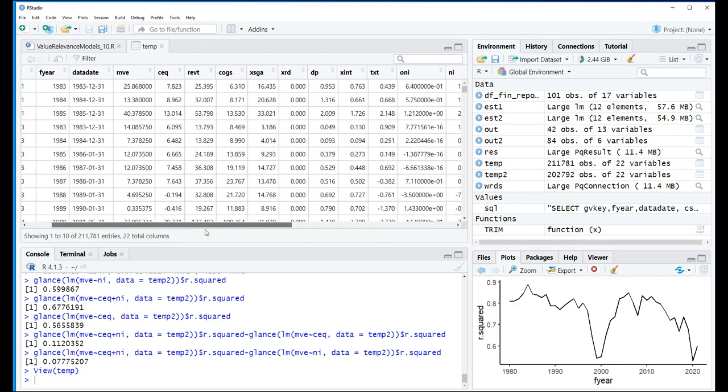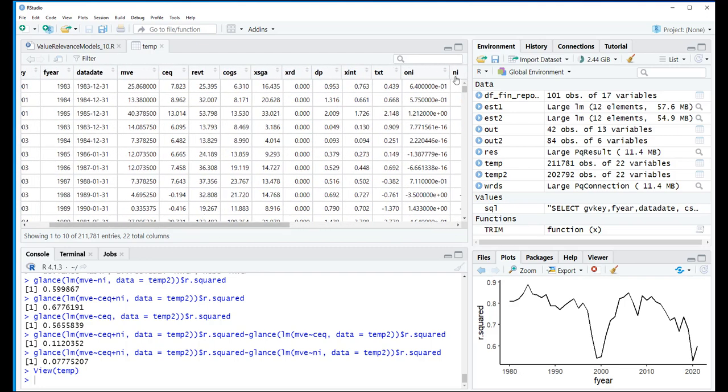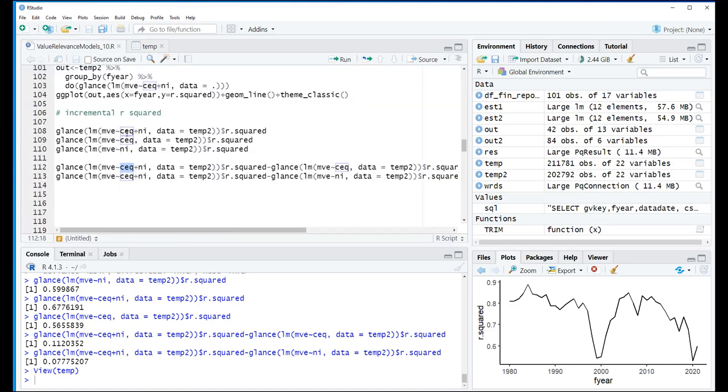Additionally, we could break down net income. So we have net income over here, and net income is just revenue minus all of these expenses here. So we could put in revenue and all of these as well. So we would have longer regressions when we get to this stuff, right? More variables, but they all add up to the same thing. So we should get something very similar. All right, so we'll have a little bit of fun with that.